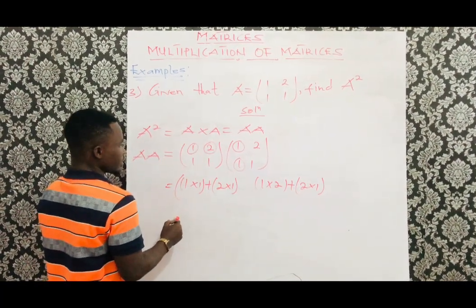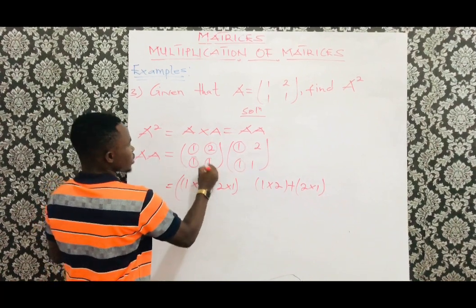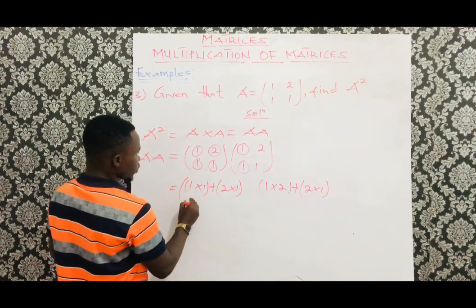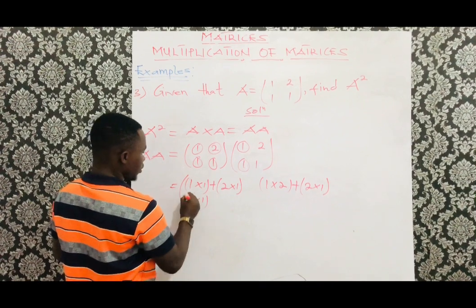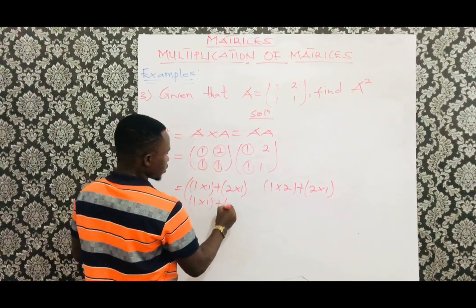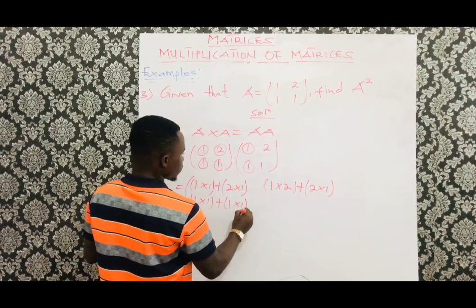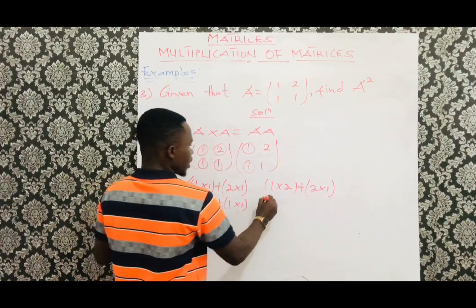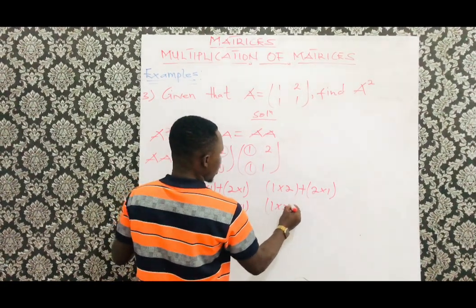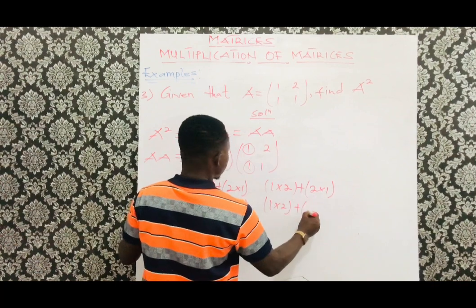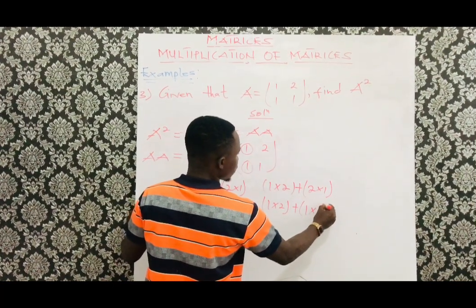Then when it comes to the down entries, these ones will multiply these ones, which will be 1 times 1 plus 1 times 1. Then here it will be 1 times 2 plus 1 times 1.